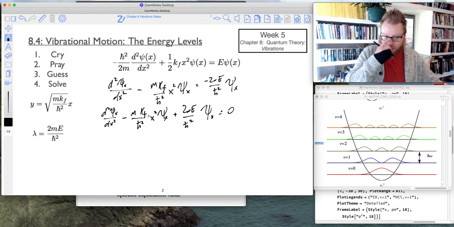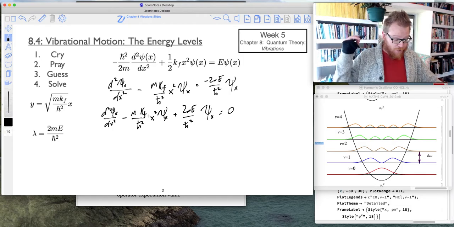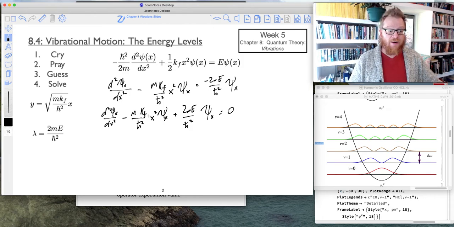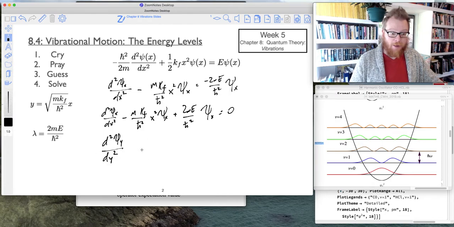And so we're going to rewrite our Schrödinger equation in a way that we can get rid of all of these constants. We're going to switch letters. Don't worry, there's a reason for switching the letters, and we're going to come back to that in more detail. So I'm going to switch to using y and write the second derivative of psi of y over dy squared, minus, and now I'm going to replace this whole thing by y squared psi of y.